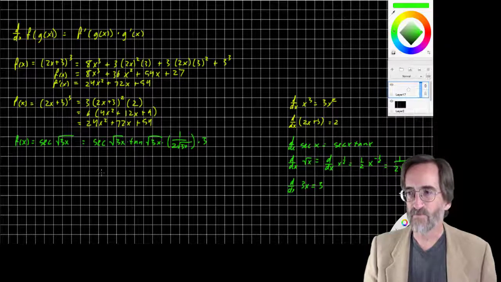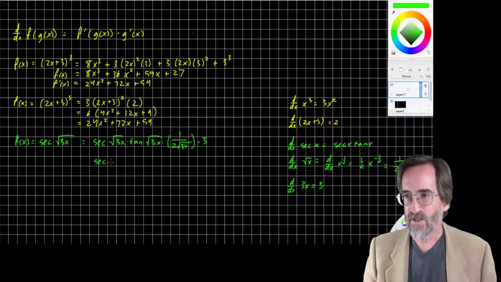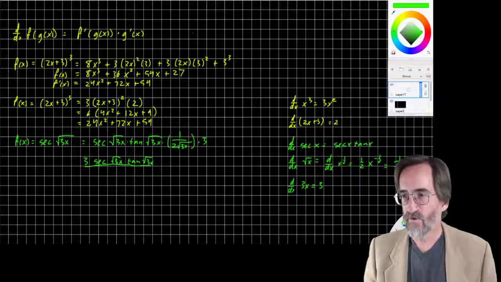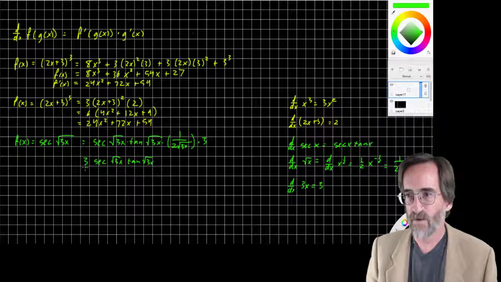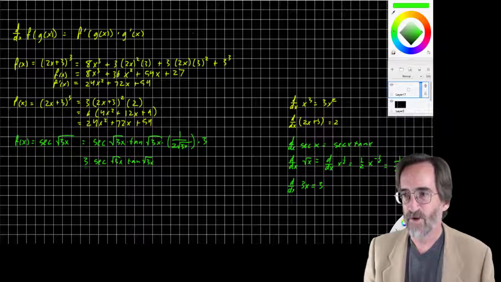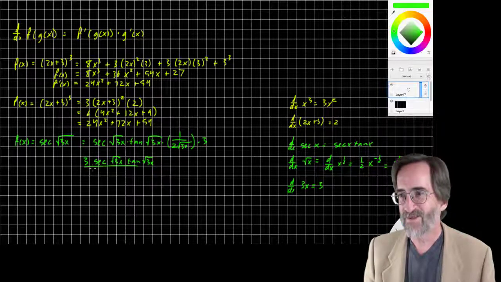Now we can simplify things a little bit. So we have on the numerator secant root 3x tangent root 3x, and we've got a 3 on the numerator, all over 2 root 3x.